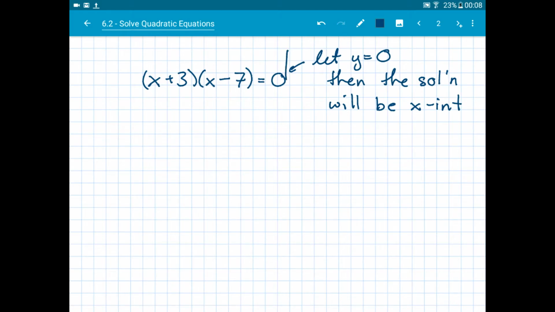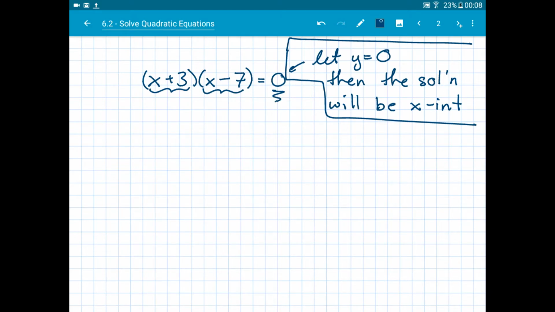So that's just kind of a side to keep thinking about the parabola or the quadratic as a parabola. So now, what we know is we have this number, whatever that ends up being, times this number having to be equal to 0. Well, the only way, we just discovered, right? The only way that you can get 0 is if one of the two numbers is 0. So let's just split this up and let's just say x plus 3 equals 0 or x minus 7 equals 0.